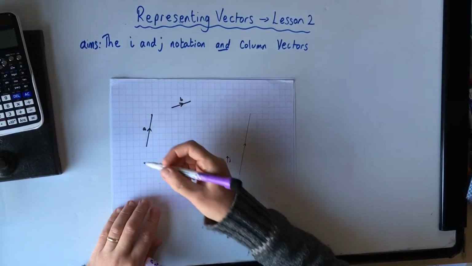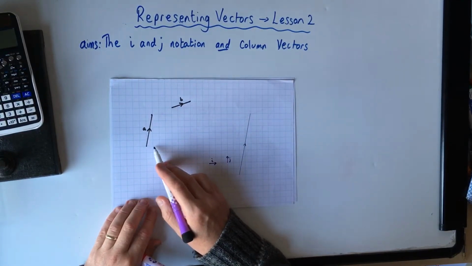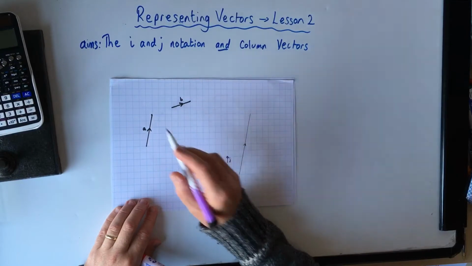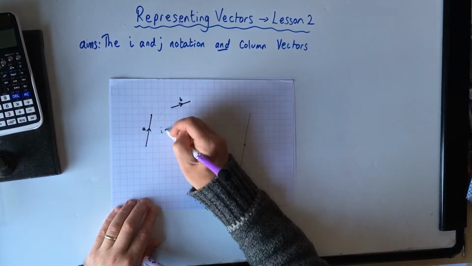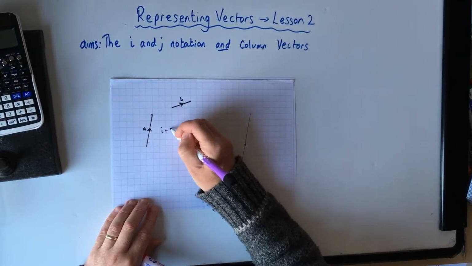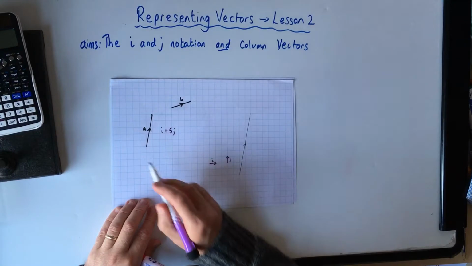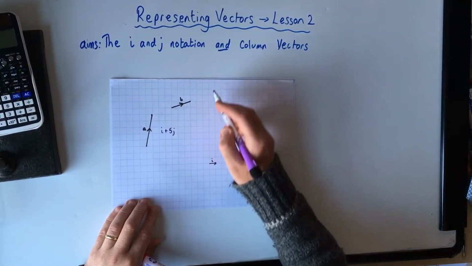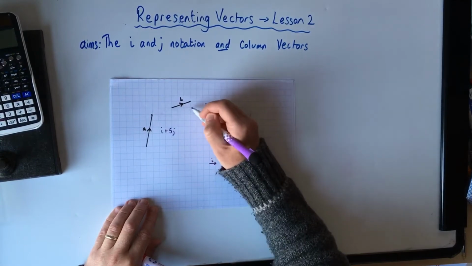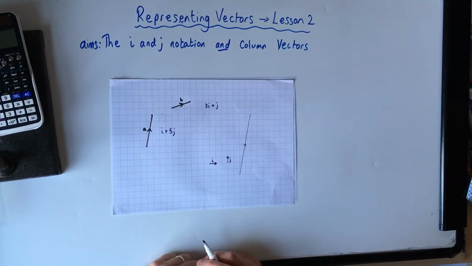So when we want to describe vector a, we can say it's 1 along and 5 up. So we can call this 1i plus 5j. It's saying 1 right and 5 up. This one, of course, would be 3i plus 1j, which we can just put as 3i plus j.